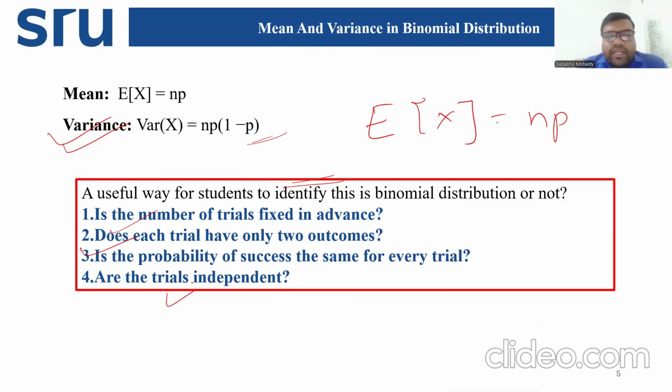Next, are the trials independent? Independent trials mean one event does not depend upon the other events. Also, we have to check whether the probability of success is the same for every trial. These are the important aspects that define the binomial distribution.